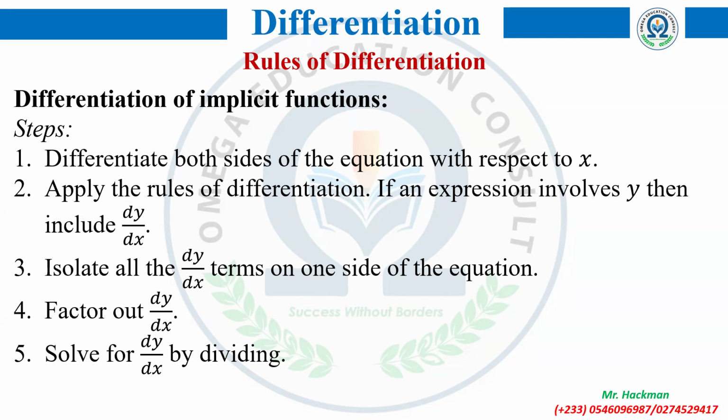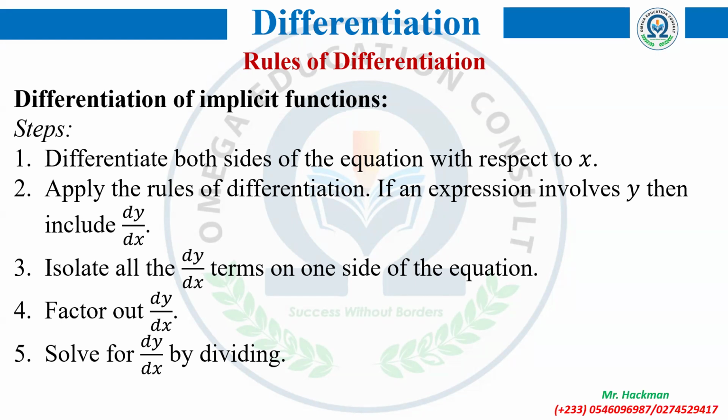So now the basic steps that we have to go through in differentiating implicit functions. That will come in a relation form or function form. So let's see the steps. The first one: differentiate both sides of the equation with respect to x. So you need to know your differential operator, and you apply it to each side.